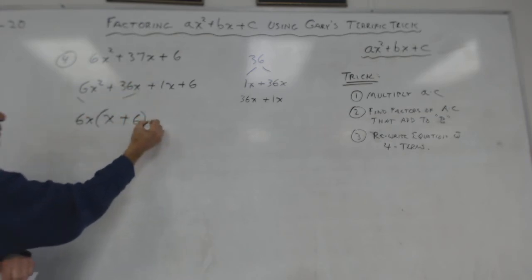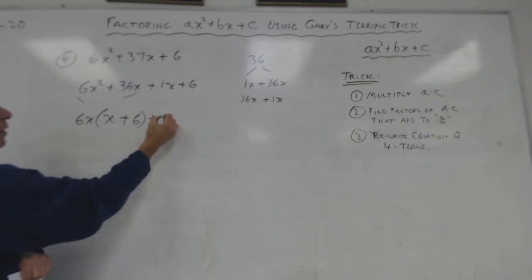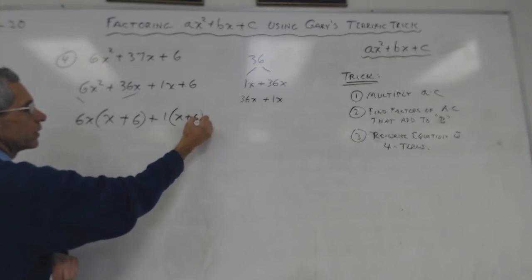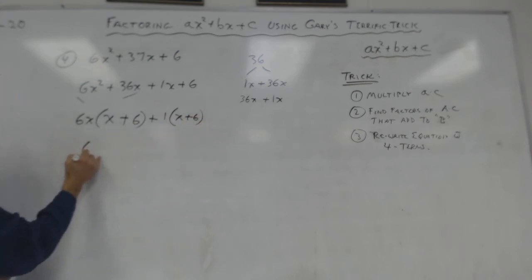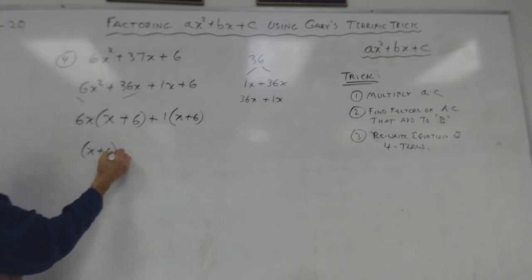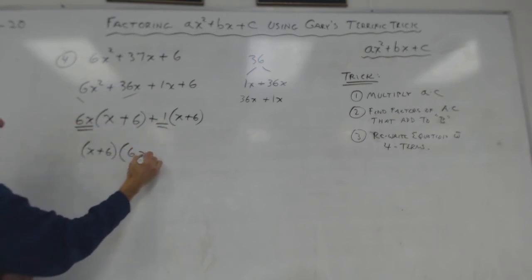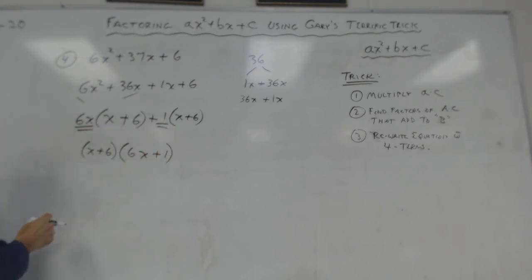And then plus, what do I put here? 1 parenthesis, x plus 6. Now I factor out my blobs. So we've got x plus 6 times whatever I have left over, which is 6x plus 1. Oh my god, we are geniuses. I already did that, Gary, like 5 minutes ago. You got it. All right, let's do another one.